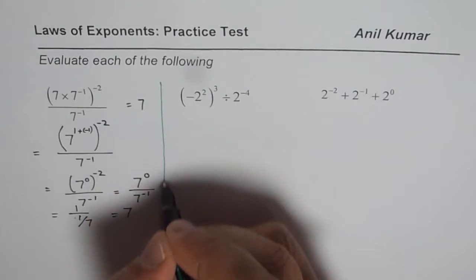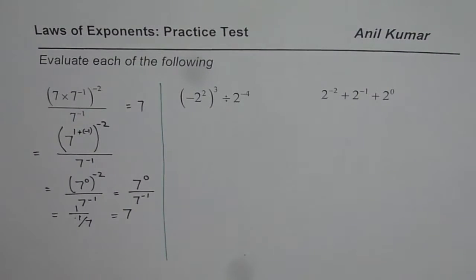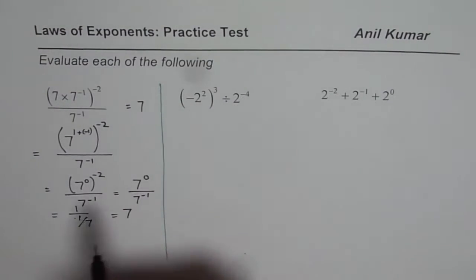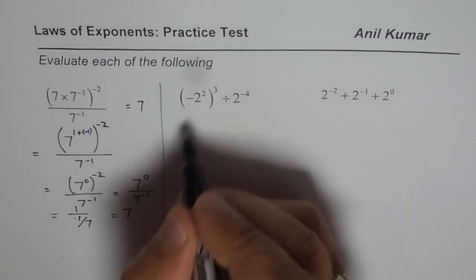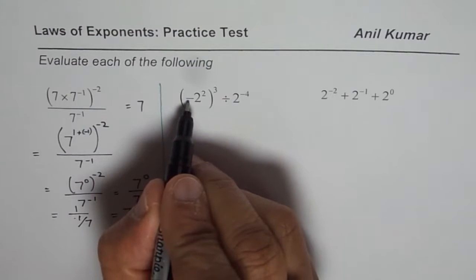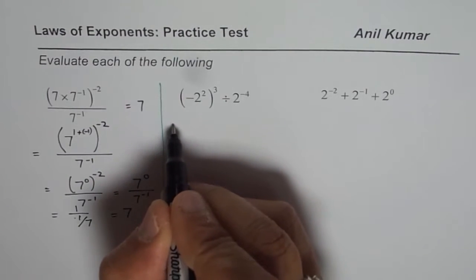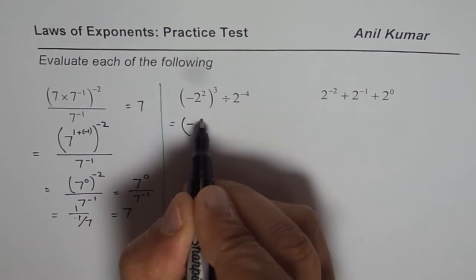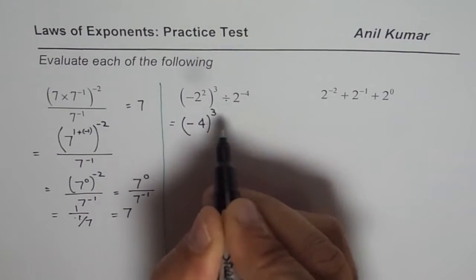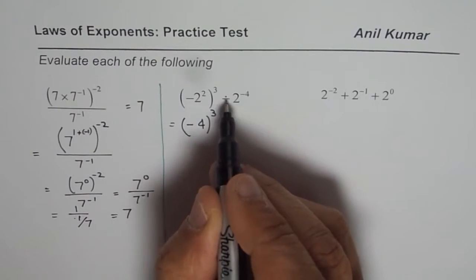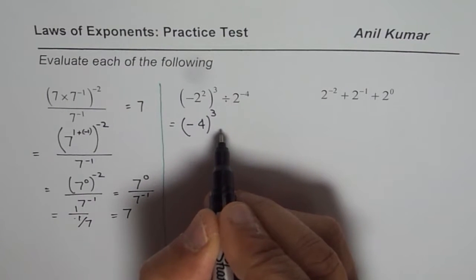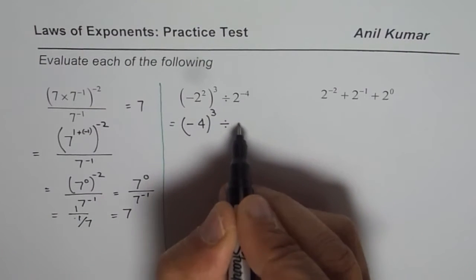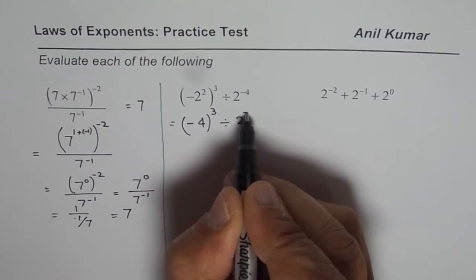Minus 2 squared, then cubed, and then we'll divide by 2 to the power of minus 4. So minus 2 squared: the minus is not squared, only the 2 is squared. So 2 squared is 4, and the minus remains. Minus 4 cubed, divided by 2 to the power of minus 4.